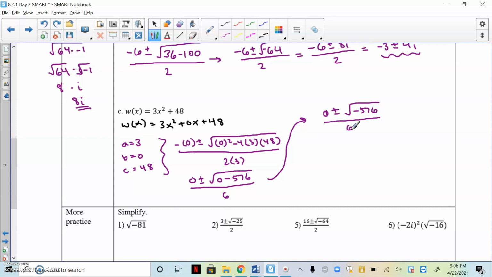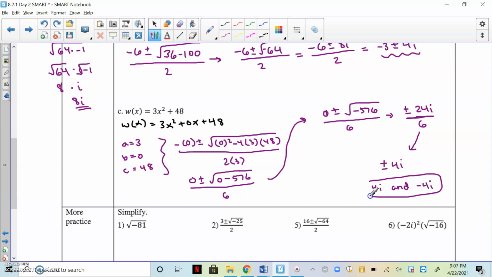The square root of 576 is 24, so really, we have positive or negative 24i over 6. And we can simplify this really, so this becomes positive or negative 4i. 4i and negative 4i. Those are my roots.